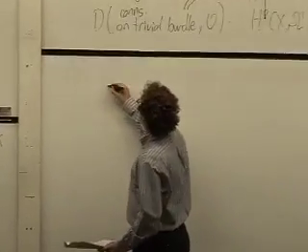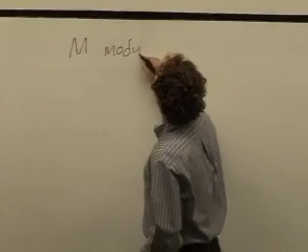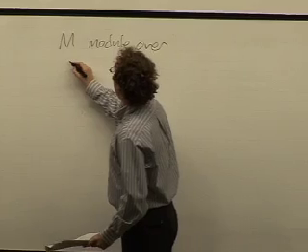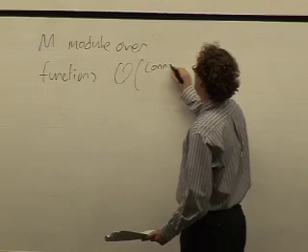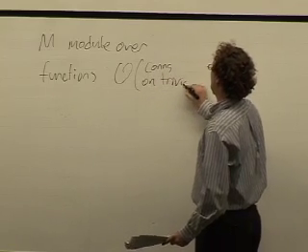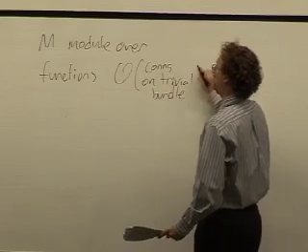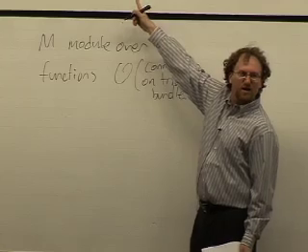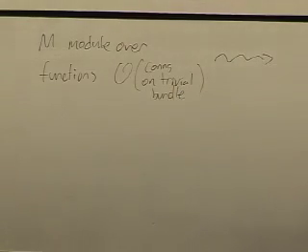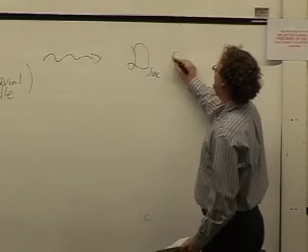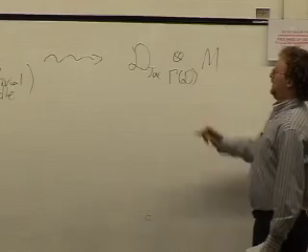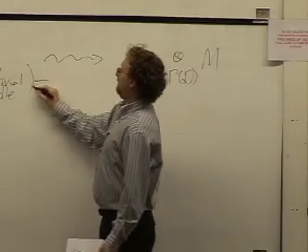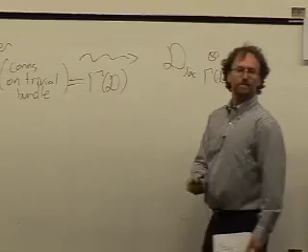So if you give me M, a module over functions O of the space of connections on the trivial bundle, in other words, something in here, then I can assign to it a D-module on the Jacobian, which is: I just take the differential operators on the Jacobian and I tensor it with M over global differential operators, using the identification that this is the ring of global differential operators.